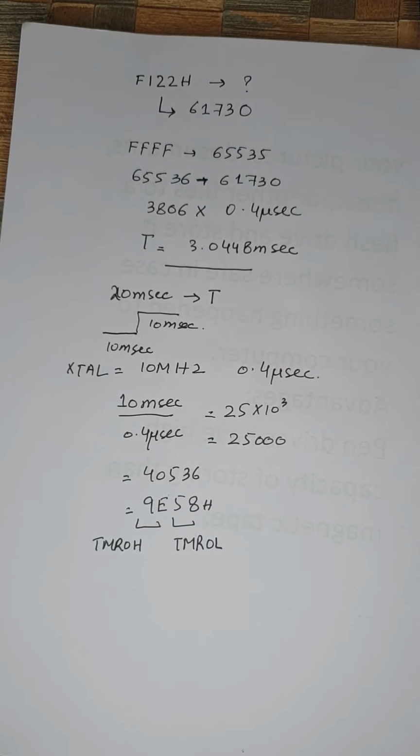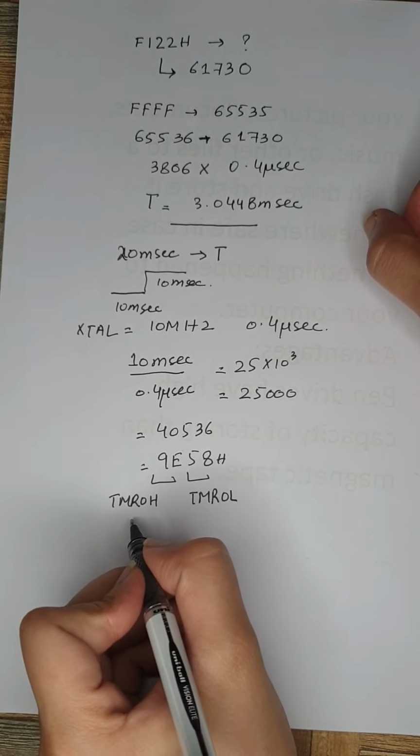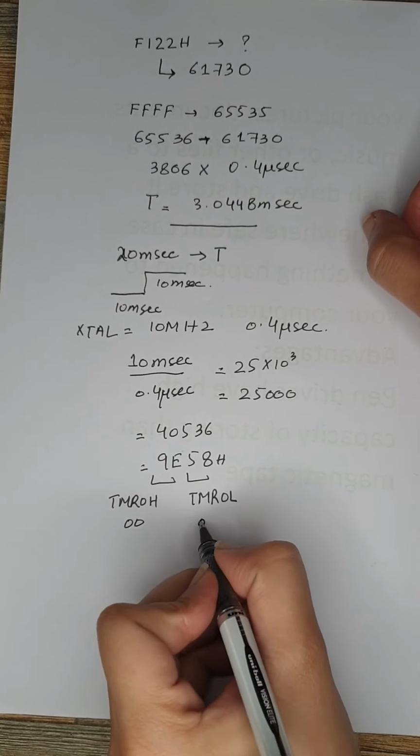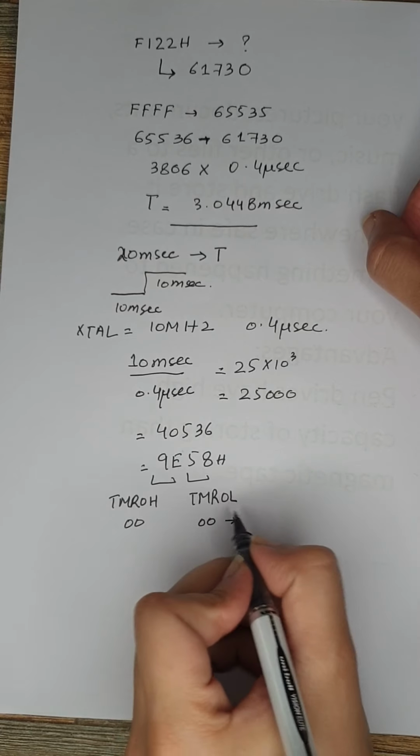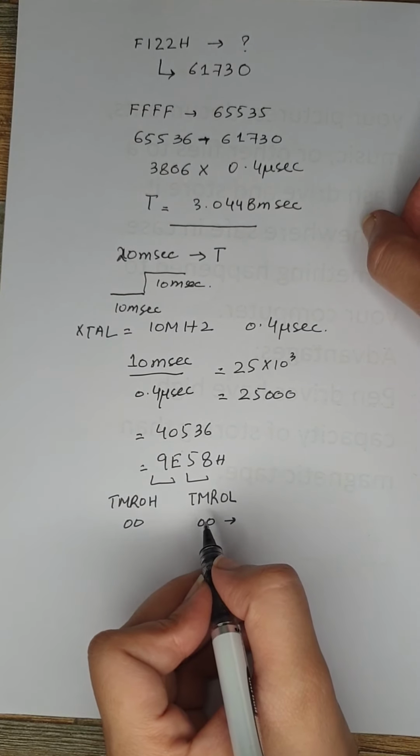Alright, let's do another example. If we load the timer register with the 00 values, meaning the minimum values, then let's see what will be the frequency of the square waveform being generated.